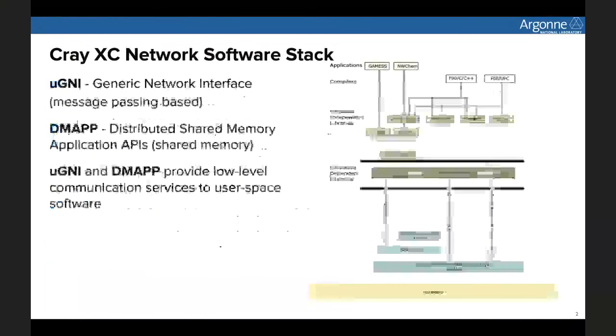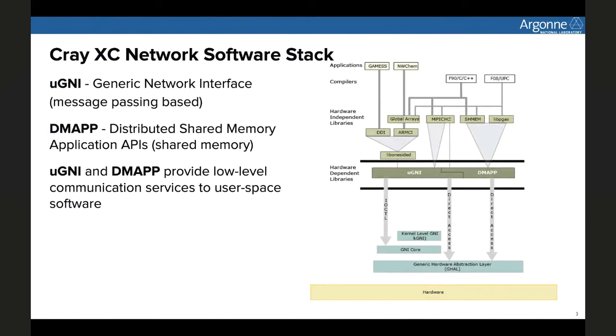So the Cray XC network software stack has two different interfaces. One is uGNI, the generic network interface, which, as the figure shows, is primarily used for message passing based programming models such as MPICH2.